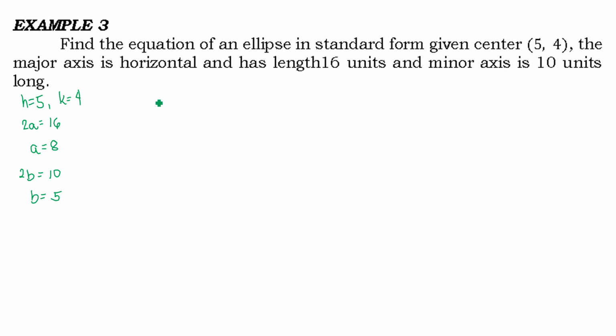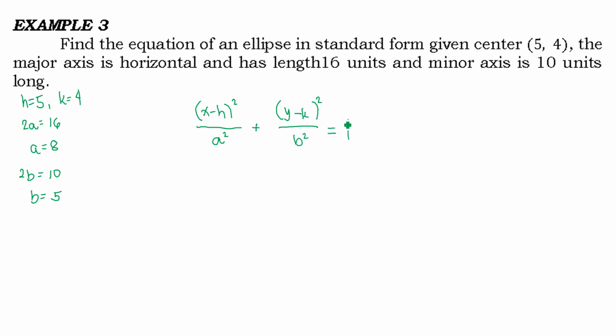Remember that the equation is the squared quantity of x minus h. Okay. Hindi yan b ha. It's h. So this is h squared over, since horizontal siya, pahiga siya, then this is our a squared. Plus, we have the squared quantity of y minus k over b squared equals 1.